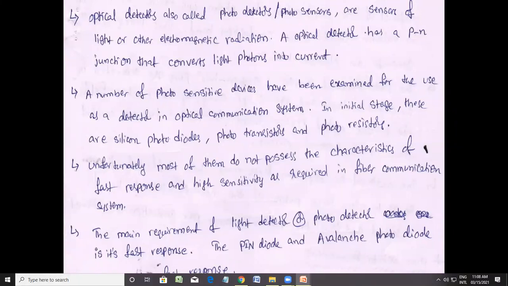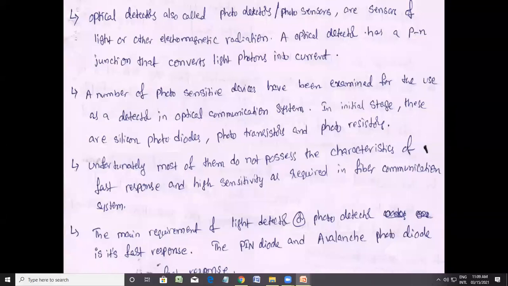A number of photo detectors are available, but at the initial stage there are only three types of photo detectors, that is photodiodes, phototransistors and photoresistors. But of these three types we mostly use photodiodes. Why?